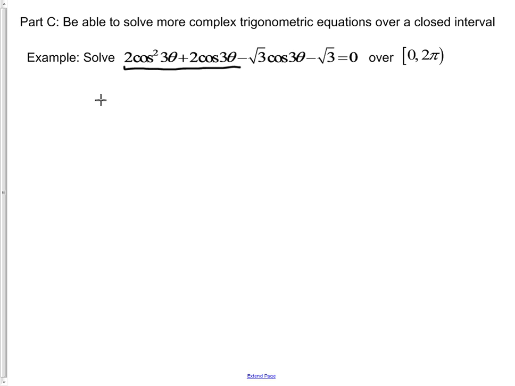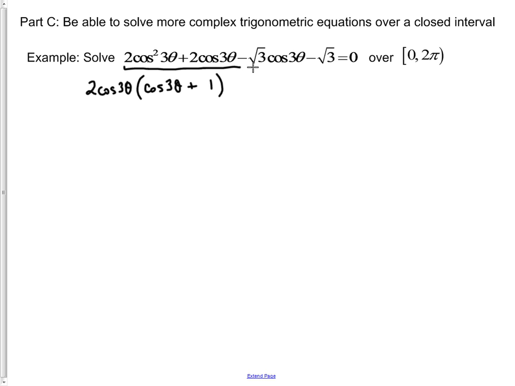And you notice that it looks like 2 cosine of 3 theta must be the common factor, because if we take 2 cosine of 3 theta and multiply it by the cosine of 3 theta, we get 2 cosine squared 3 theta. And 2 cosine of 3 theta times positive 1 will give us 2 cosine 3 theta.